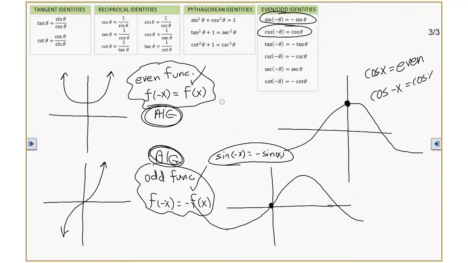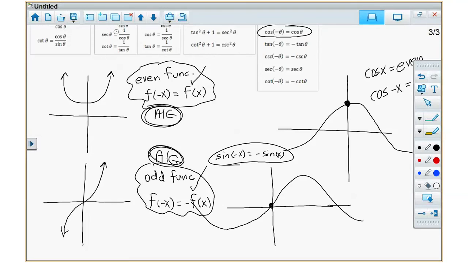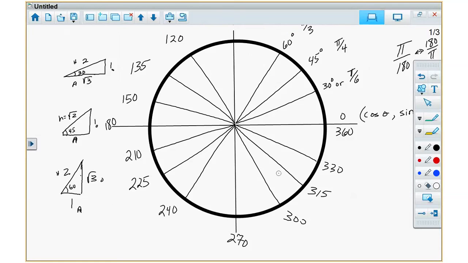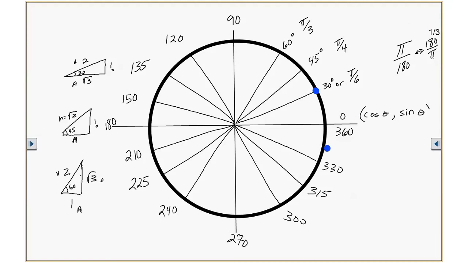Now, here's another trick to help you learn. Remember the unit circle? Let's see if I can bring it back up. There's the unit circle. Now, let's say that you're talking about a 30-degree angle right here, and you put a point right there.